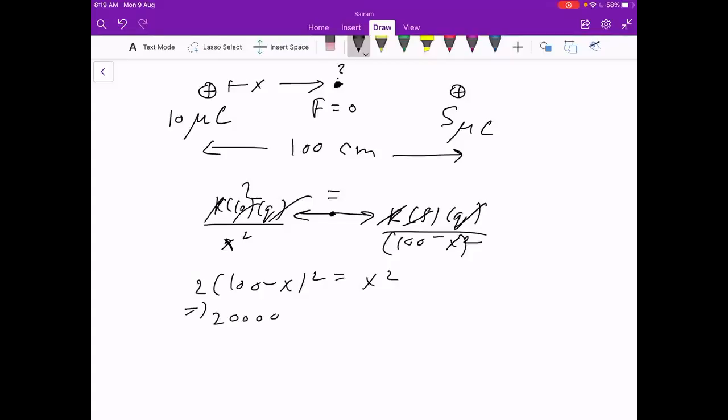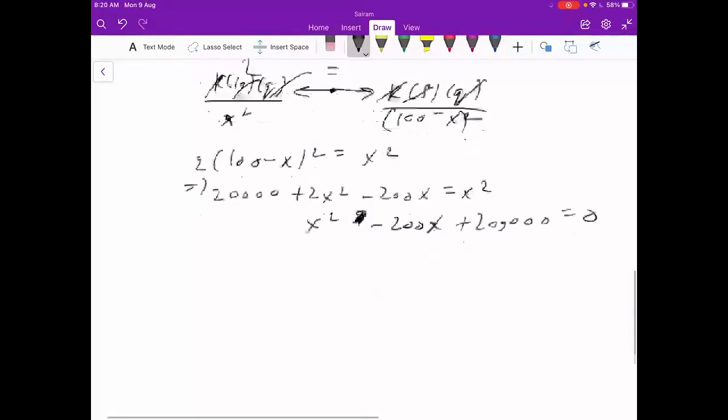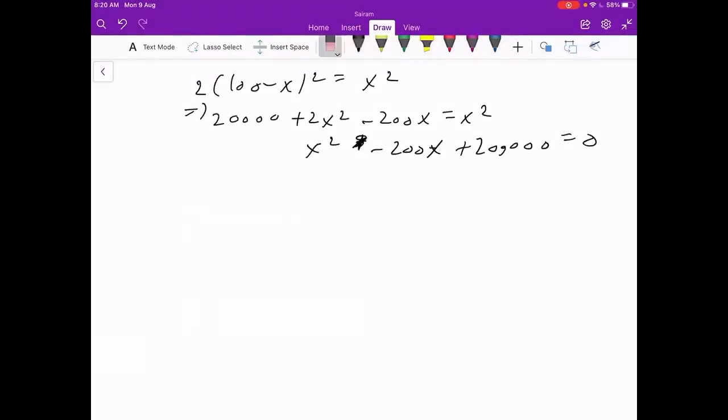That means 20,000 plus 2x square minus 400x is equal to x square. So x square minus 400x plus 20,000 is equal to 0, a quadratic. I'm not sure how this one will work.